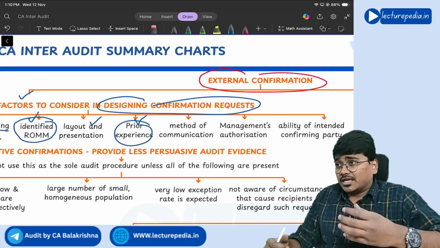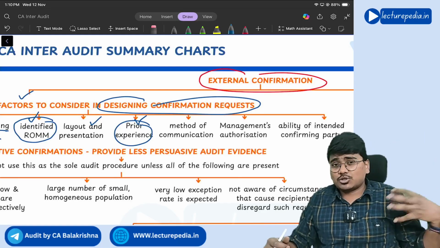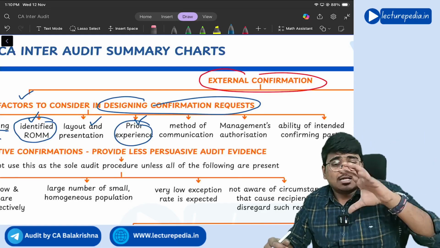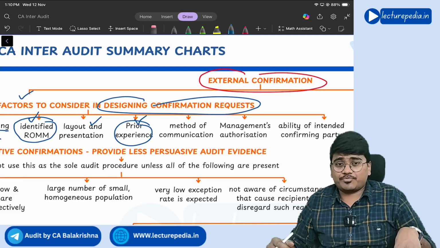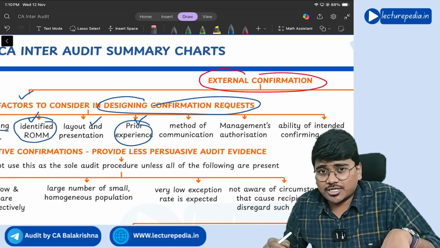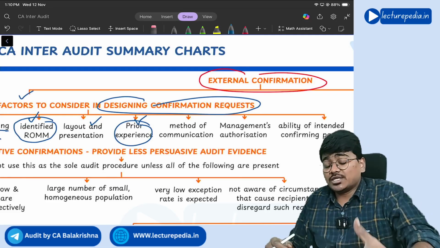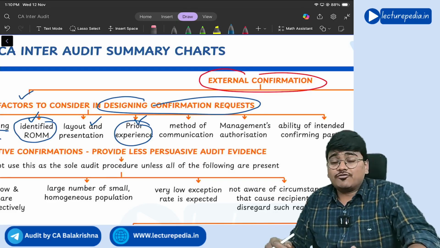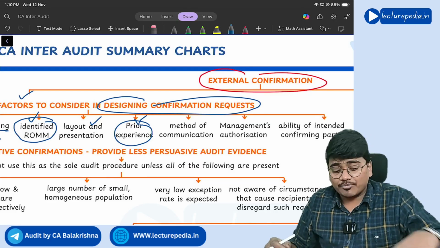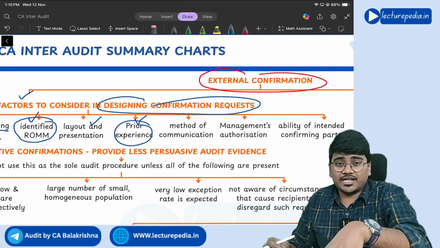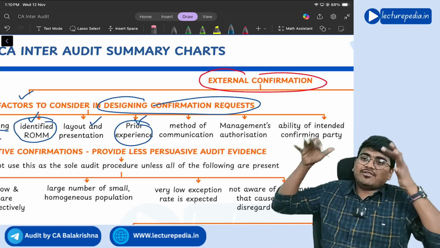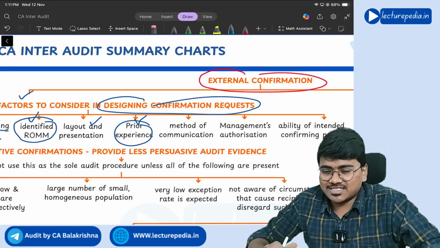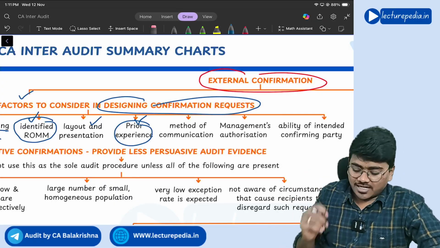Next, you should also see the prior experience. In previous years also, you would have sent external confirmation requests. If you haven't received responses for them, then you need to change the design, correct or not? So your previous experience should also be considered in designing the external confirmation request.